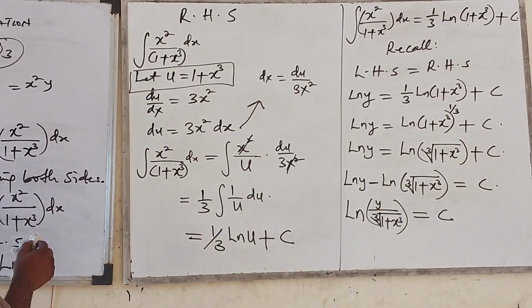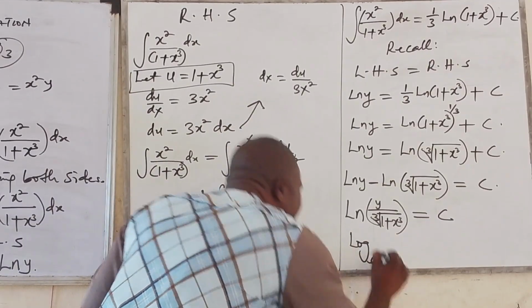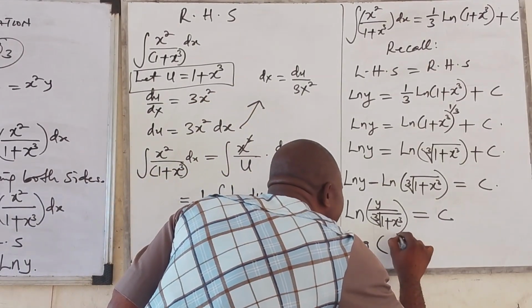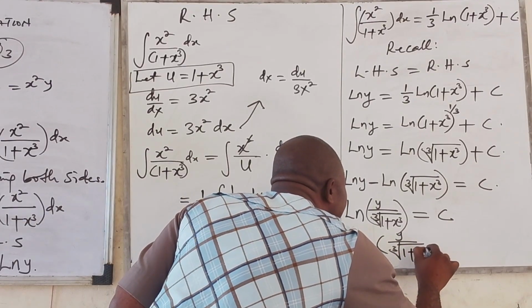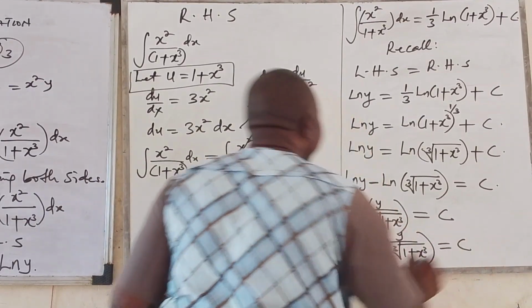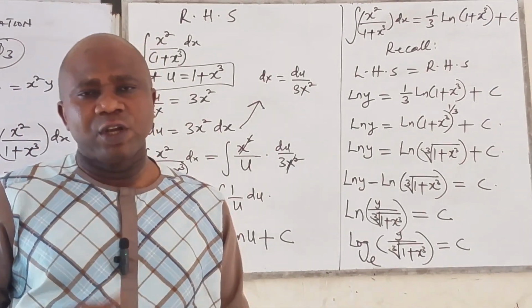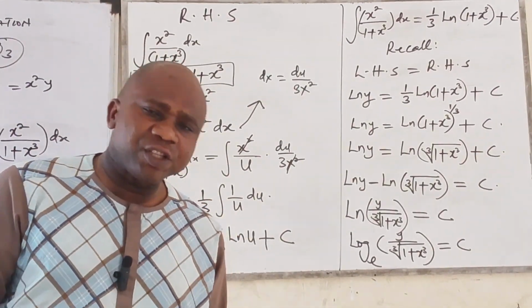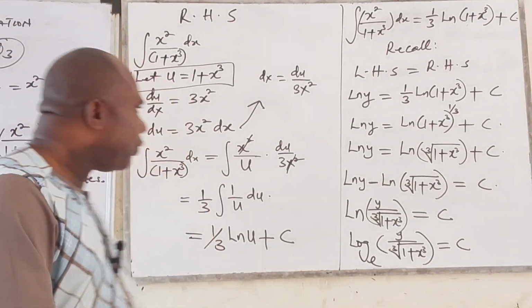And we all know that this ln here is the same as saying log to base e of y all over the cube root of 1 plus x raised to the power of 3 is equal to c. Now remember the definition of logarithm of a number to a given base. We said the logarithm of a number to a given base is the power to which the base can be raised to give the number.